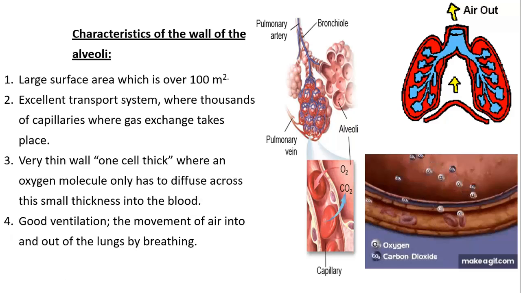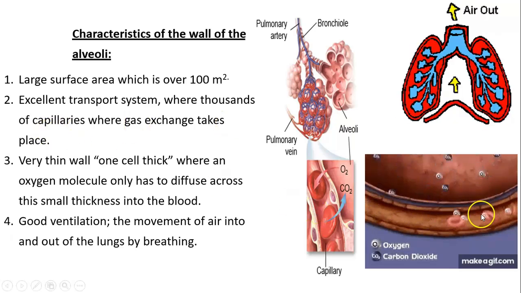Let's look at the characteristics of the walls of the alveoli and recall the characteristics of the gas exchanging surfaces. First, large surface area, which is over 100 square meters. If you combine the surface areas of all of those alveoli, you will find them equivalent to more or less 100 square meters. Excellent transport system, with thousands of capillaries where gas exchange takes place.